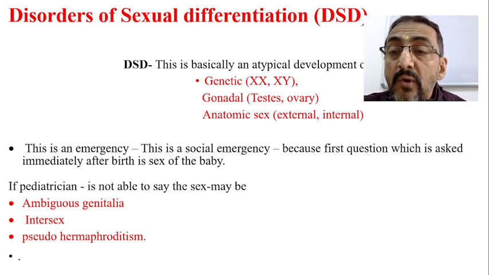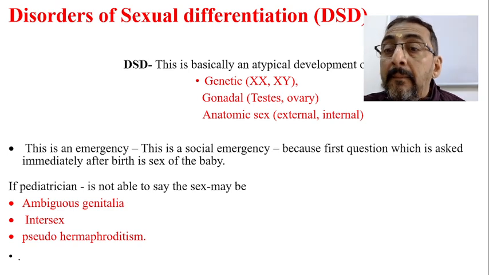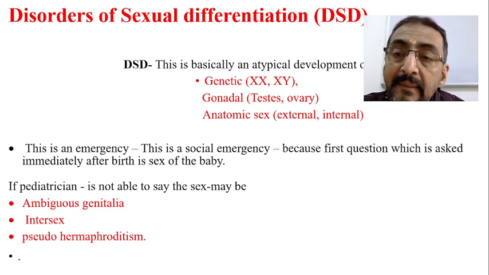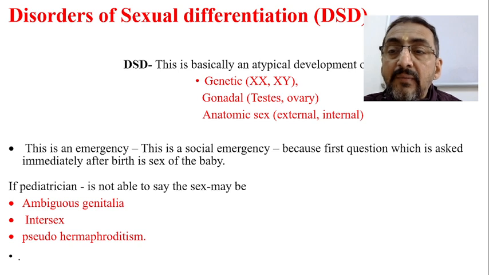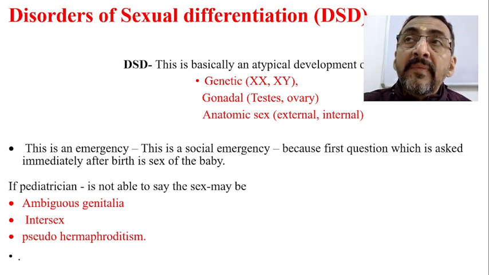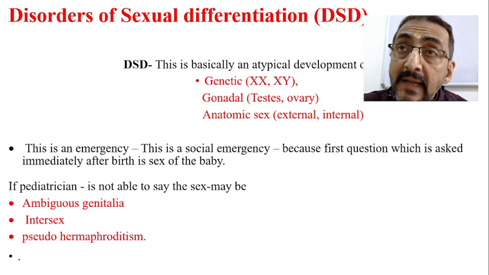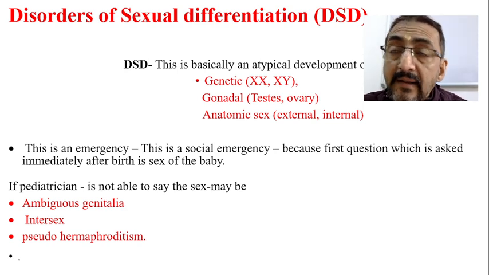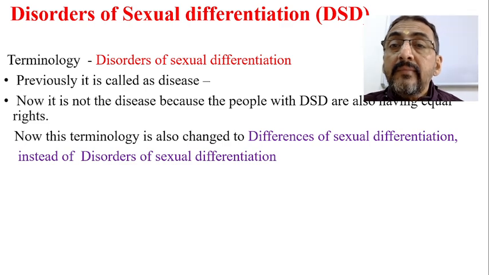Or there may be pseudo-hermaphroditism. So these are the three important things which may be there when the pediatrician is not able to say the sex of the baby at the time of birth. Anyone may be there, that we will discuss later.